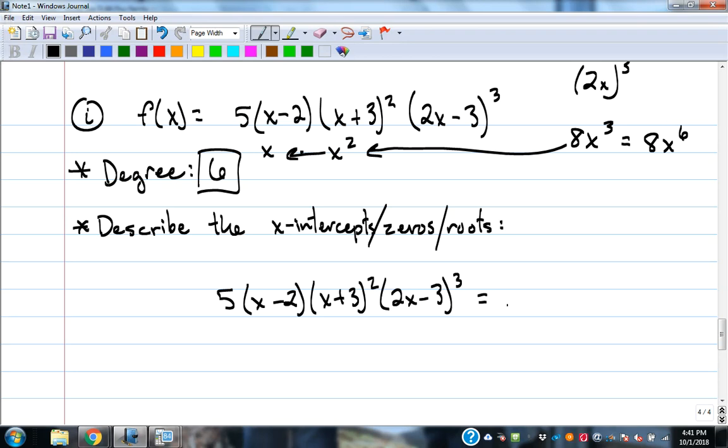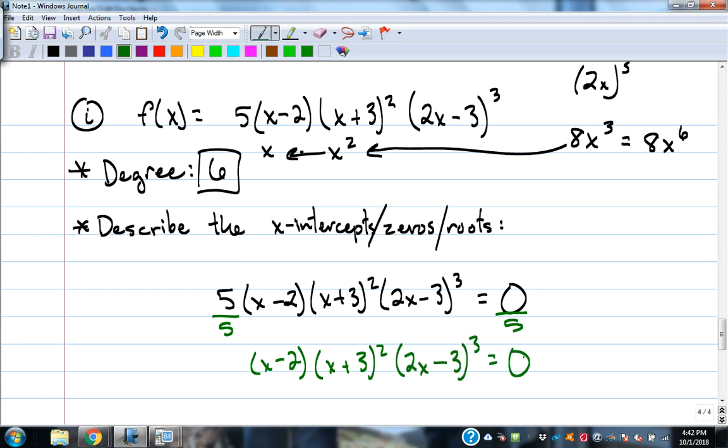So we're setting the entire polynomial equal to 0. That's what we're doing. And then you solve it. Okay, so to solve this, the first thing you would do would be get rid of the 5 by division there. So we got x minus 2, x plus 3 squared, 2x minus 3 cubed equals 0.